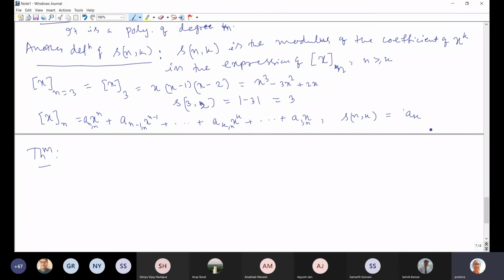Then it would be a_(k,n), with n fixed here. So its absolute value, that is your Stirling number of first kind. Okay, that is the reverse one.